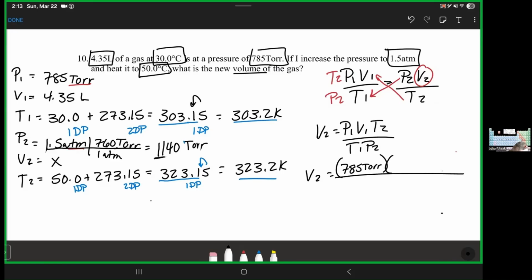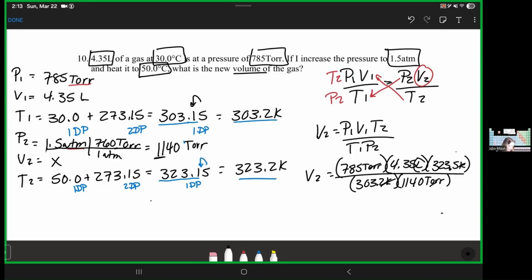My first volume, 4.35 liters. My second temperature, 323.5 K. My first temperature, 303.2 K. And my second pressure, which was 1140 torr. Torrs cancel, Ks cancel, and you're left with liters, which is what you're looking for.